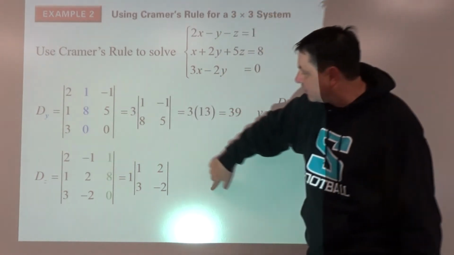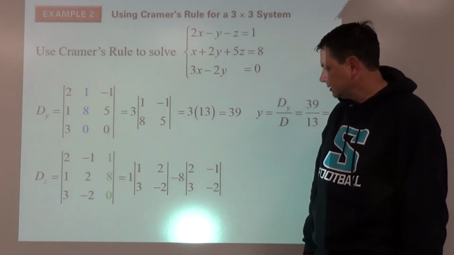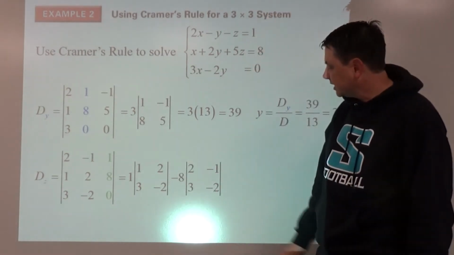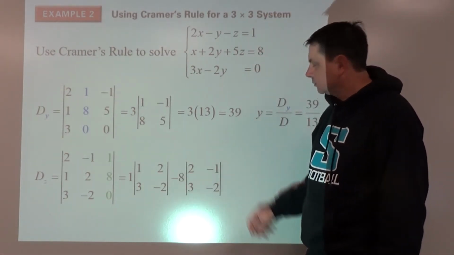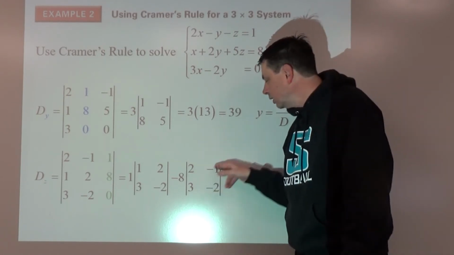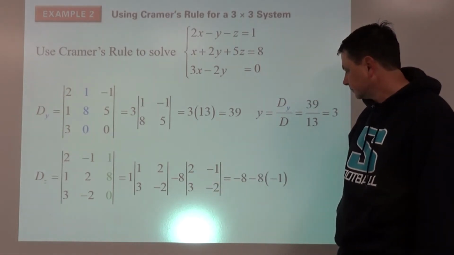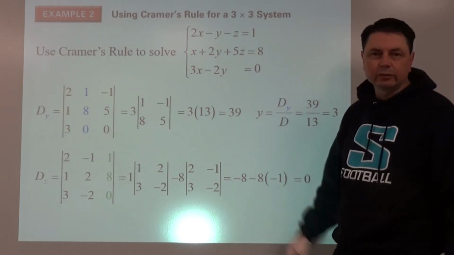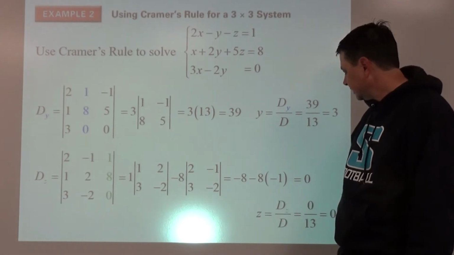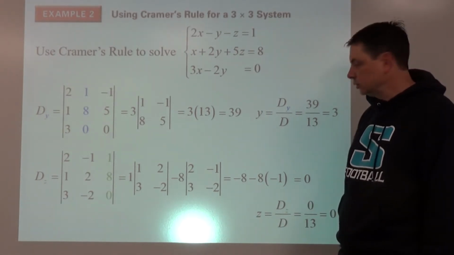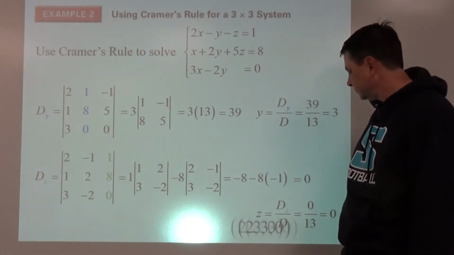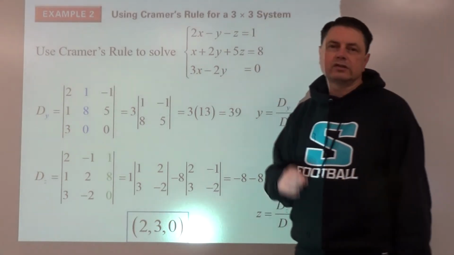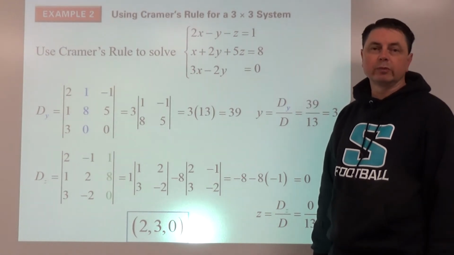So we'll go minus 8 times negative 2 minus 6, negative 4, kind of the same thing as we were looking at before, negative 4 plus 3. We get 0 there, so 0 divided by D doesn't really matter. We're going to get z is 0, so our solution x, y, z is 2, 3, 0, the solution to the system. There's Cramer's rule.